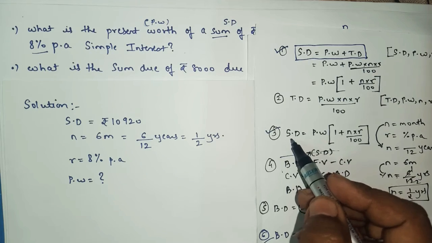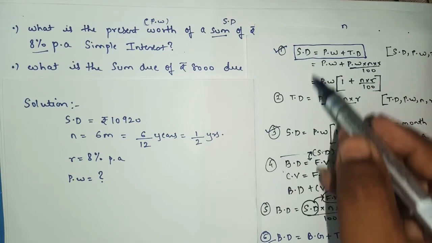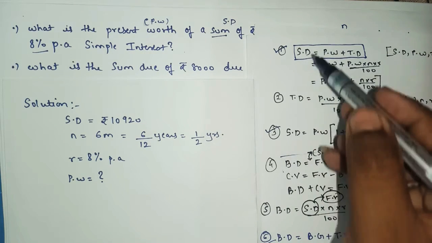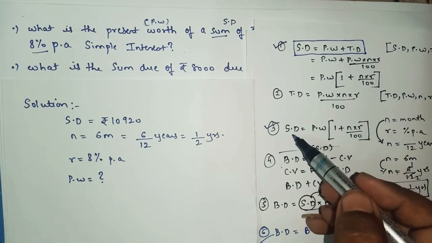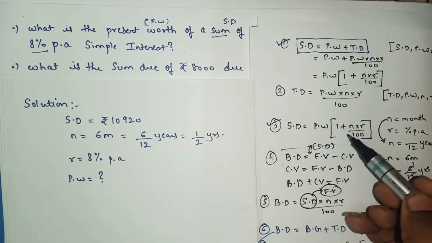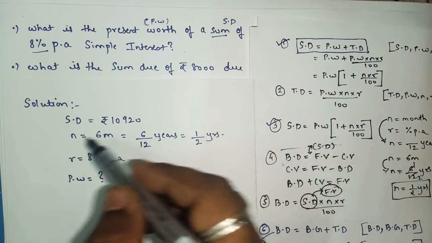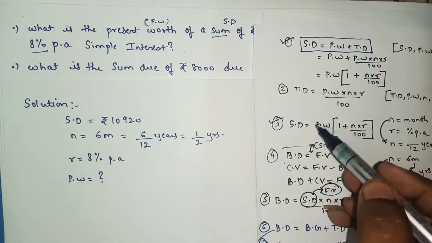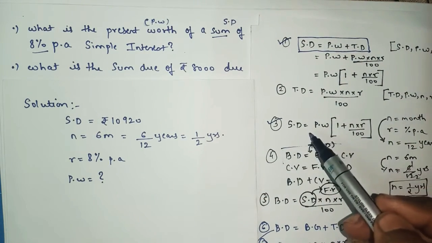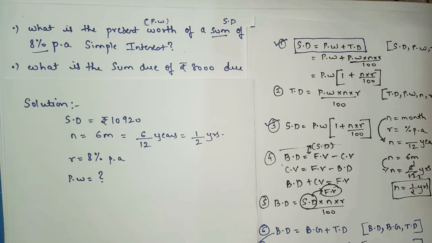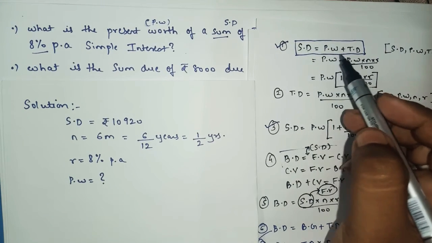So let's see this one. If we apply this formula, clearly we can see that SD is in this section. With SD equals to PW, we have to find PW. SD is there, N is there, R is there, so easily we can find PW. So for this sum we have to apply this formula instead of this. If you apply the other one, what will happen?